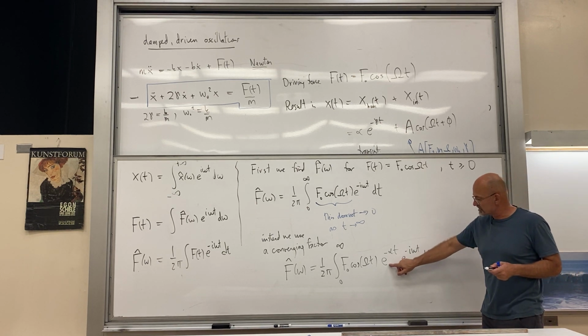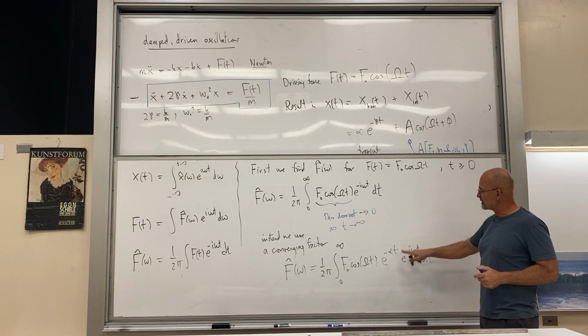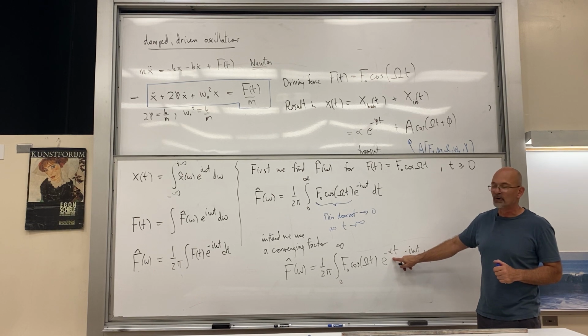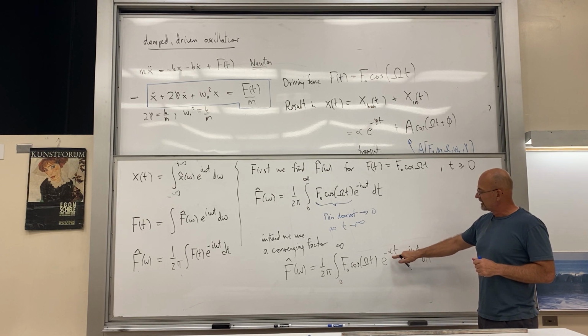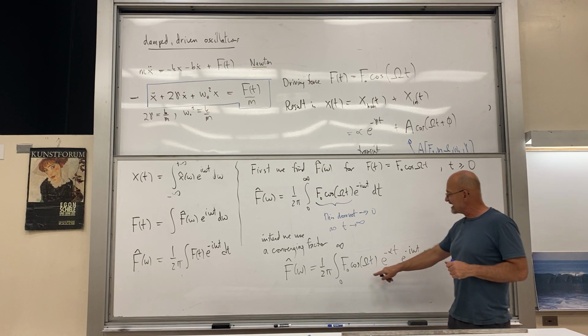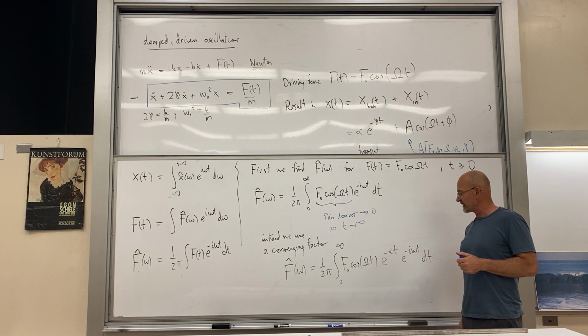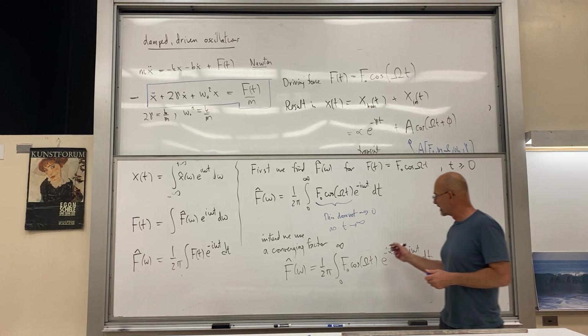So this, of course, is going to converge just fine. And what we do is the entire calculation with e to the minus alpha t, and at the end we can take the limit as alpha goes to 0. In fact, we get 2 for the price of 1, so to speak, because this is a damped driving force, and that's a solution that's interesting in its own right.